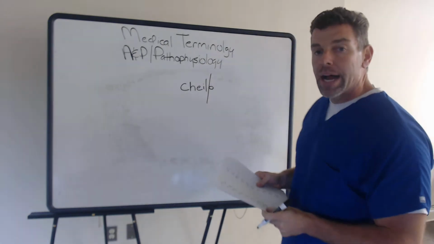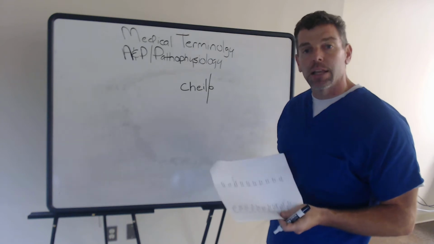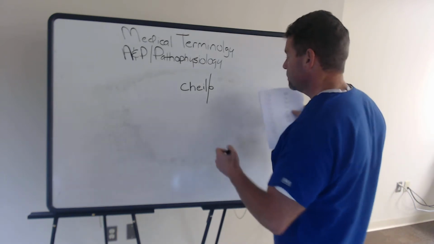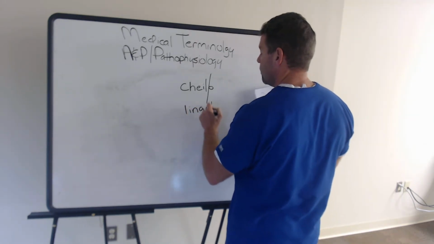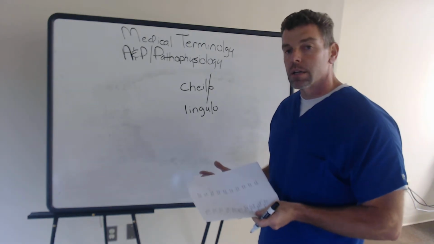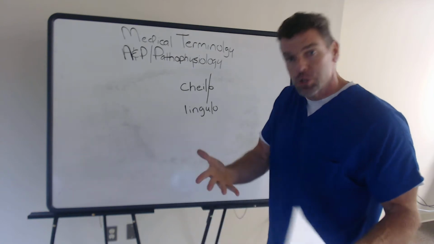Cheilo is a combining form that means lip. Linguo is a combining form that means tongue. Bilingual, pertaining to two tongues, two languages.